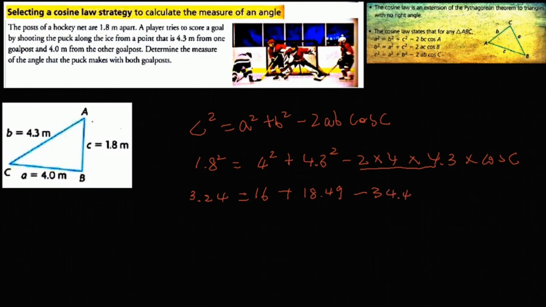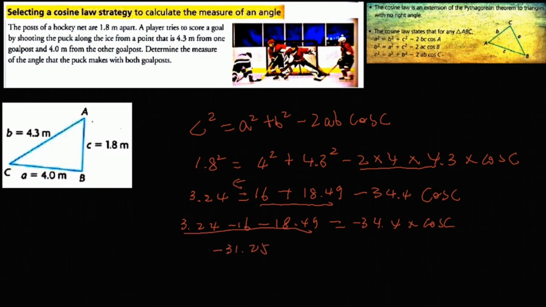And minus this is 34.4 cosine C. Okay, so we move this to the left. 3.24 minus 16 minus 18.49 equals negative 34.4 times cosine C. This side I calculated already is negative 31.25 equals negative 34.4 cosine C, and divide both sides by negative 34.4.